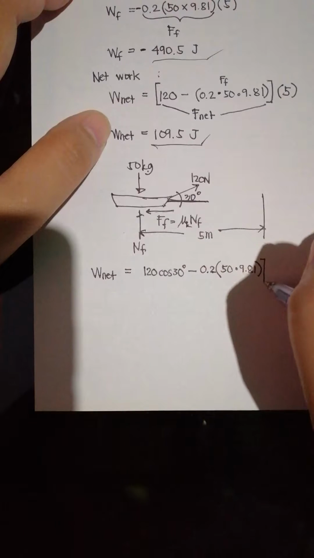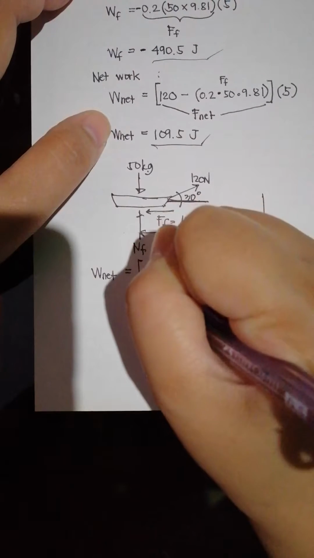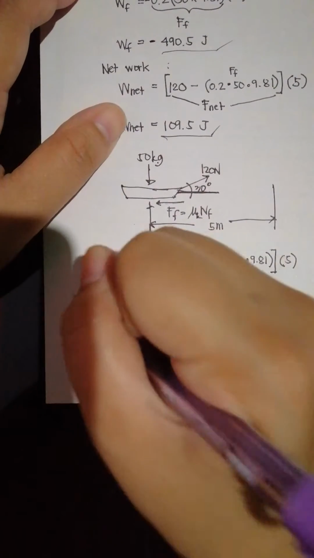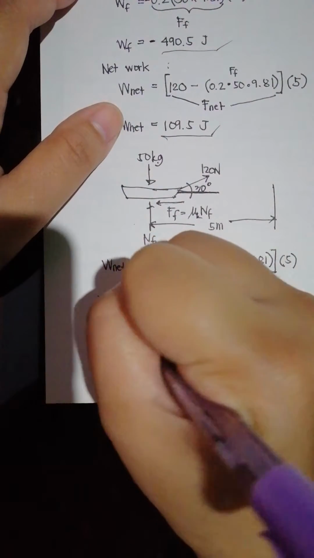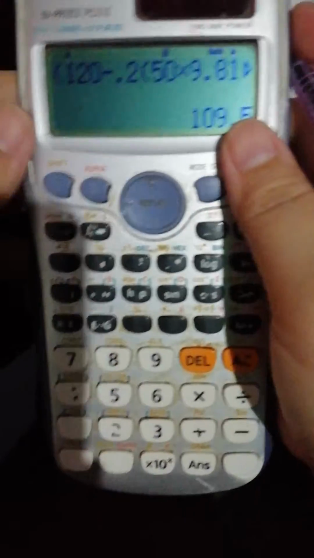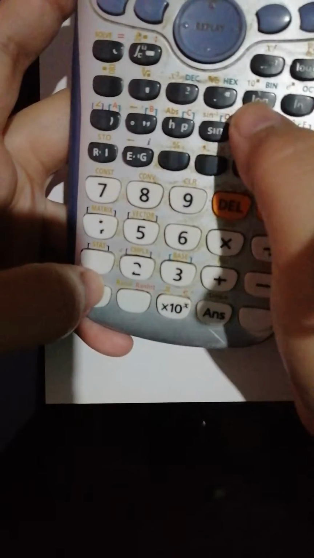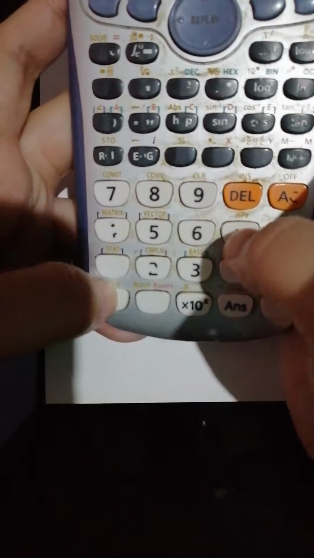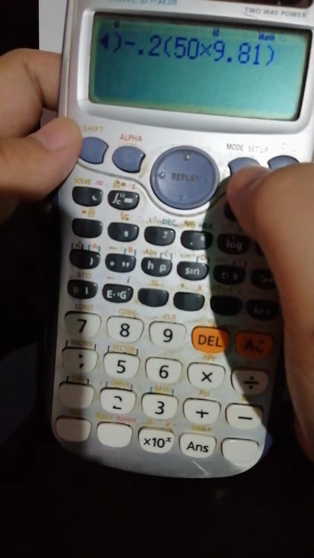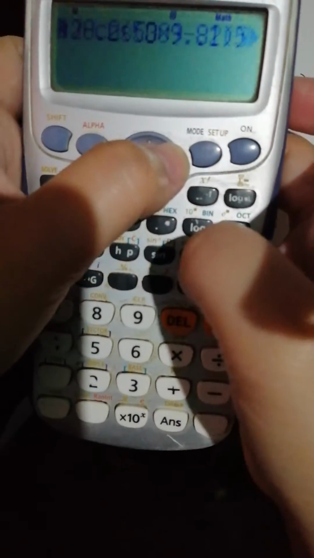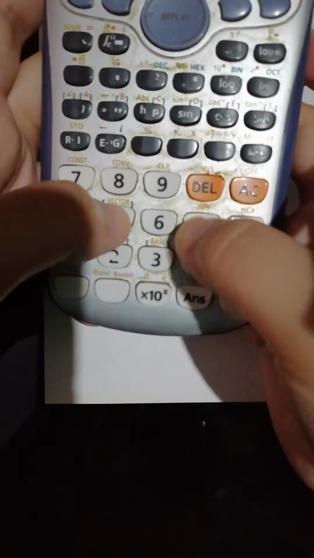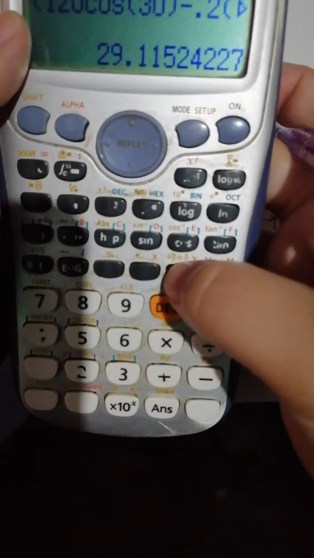This is now the net force times the displacement of 5 meters. So we have 120 cosine 30 minus 0.2 times 50 times 9.81, times 5.